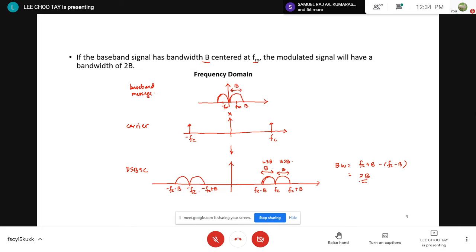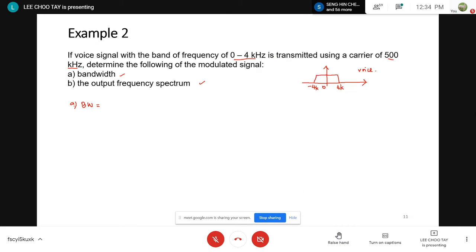In this case, my highest frequency is 4K. So my bandwidth is 2B, which equals 2 times 4K, and that is 8 kilohertz.